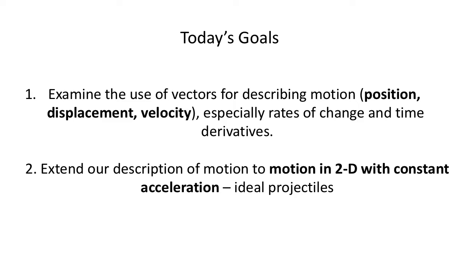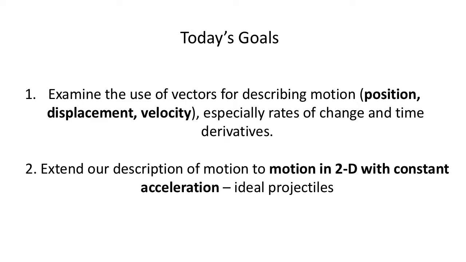Okay? So here are the goals that we're going to work through. We started some of these. We want to use these vectors because we're going to use them to describe motion in 2 dimensions, 3 dimensions, etc. Ultimately, we're going to use them to describe forces and momentum, all sorts of different things in this class. And we want to talk today about things that we've been familiar with. Remember we said if I had a position time graph, how do I find the instantaneous velocity?